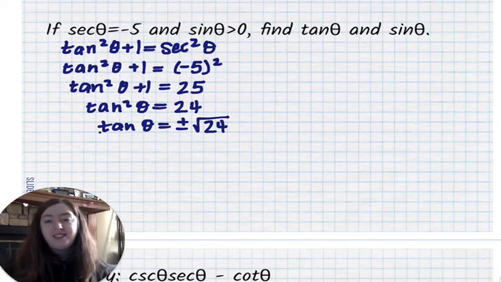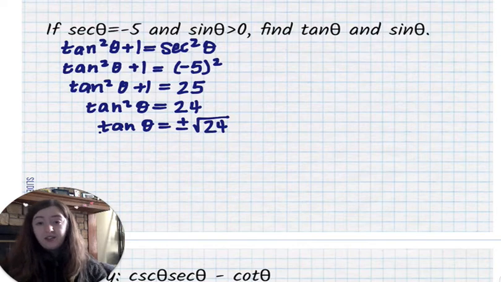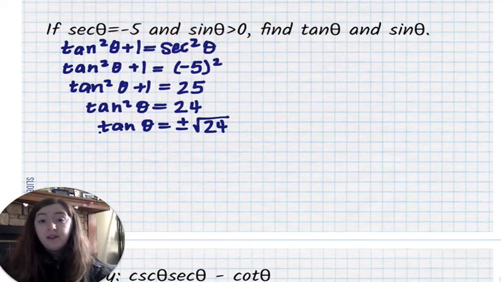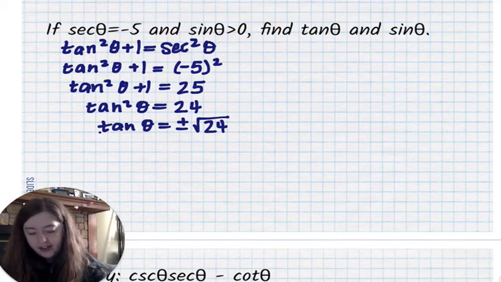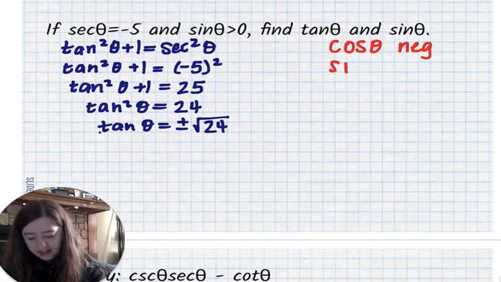Cool. Now we have to decide, what is tangent, positive or negative? Well, in the directions, it tells me that secant was equal to -5. That means that cosine, his reciprocal, is negative. Sine was greater than 0, so that means that sine is positive.